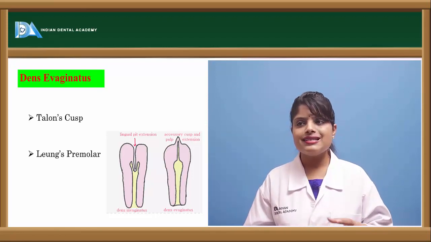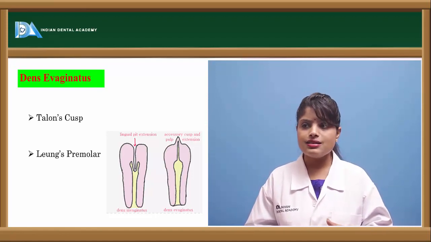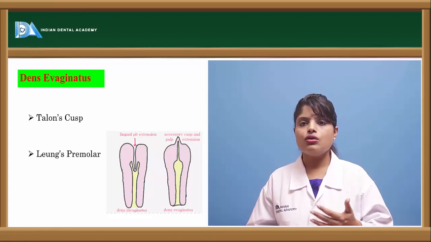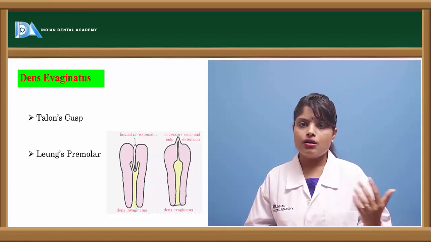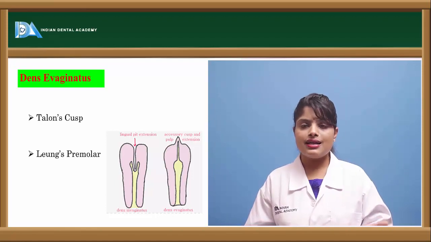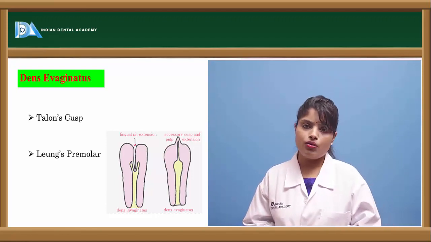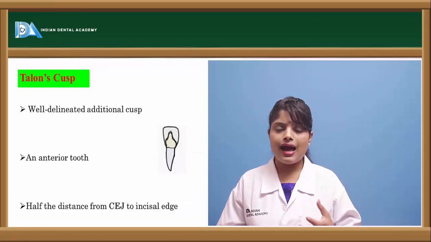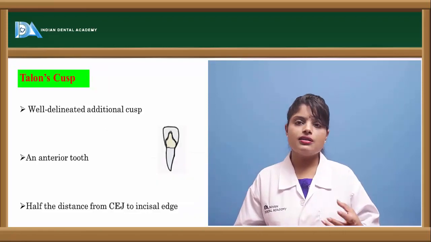Then comes the dens invaginatus, that is, there's an invagination in the crown of the tooth. For example, the Talon's cusp or the Leong's premolar. Talon's cusp is generally found in the anterior teeth and it is found in the cingulum region.